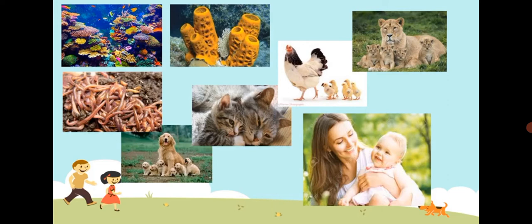So we are going to delve a little deeper into two ways of animal reproduction, that is sexually and asexually, and gain a better understanding of these two very different processes that have the same end goal, that is creating a next generation.